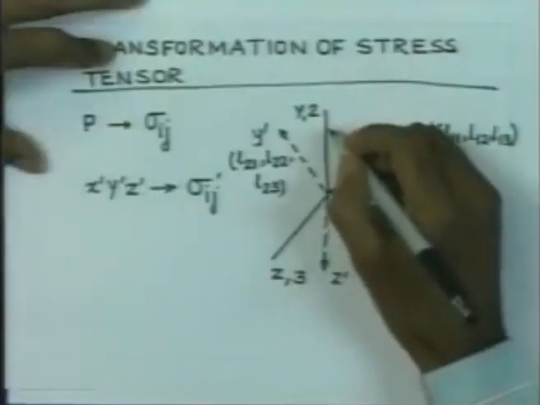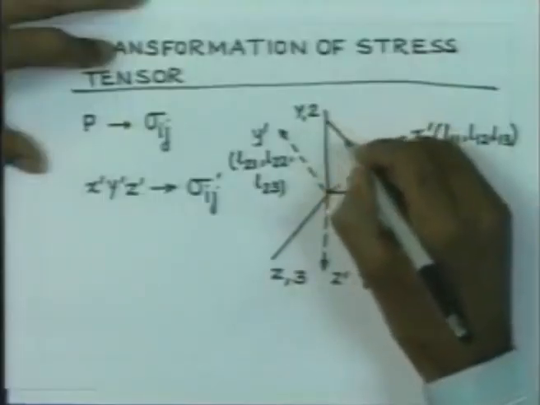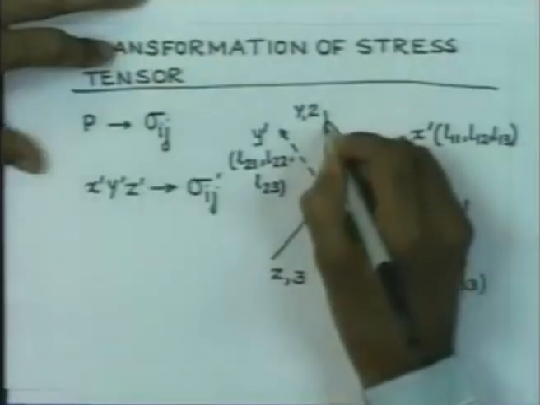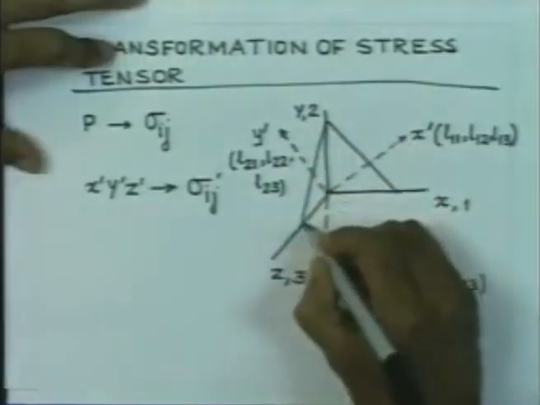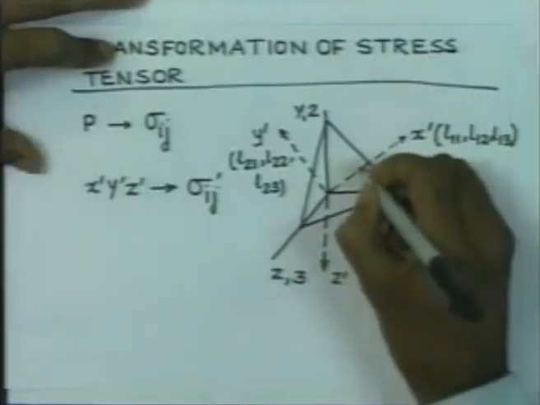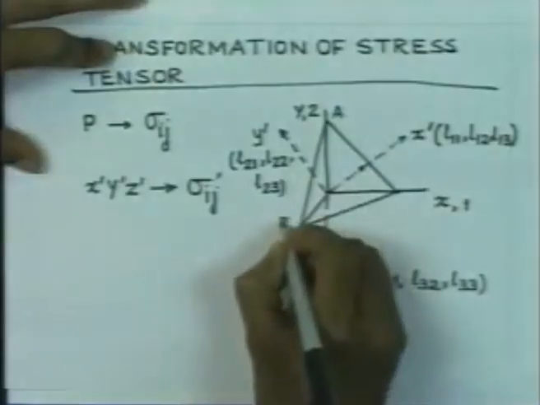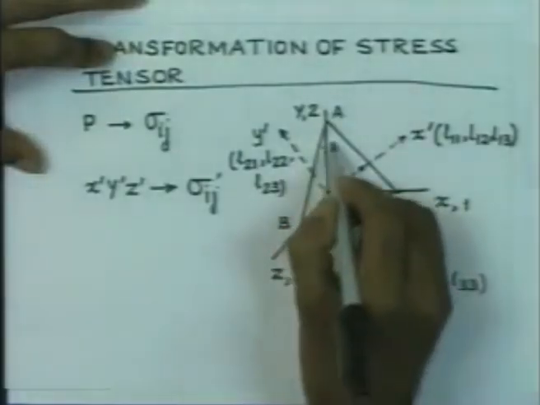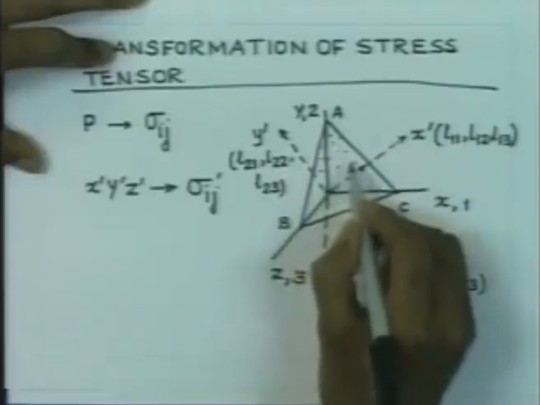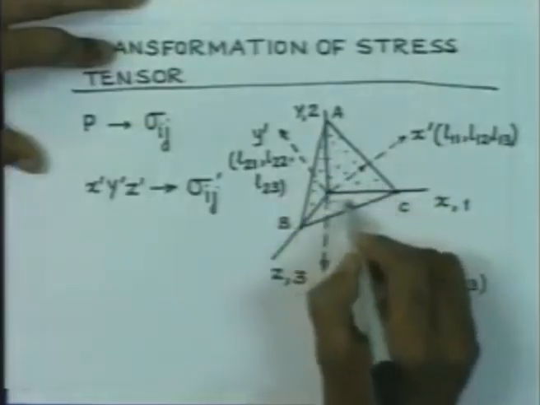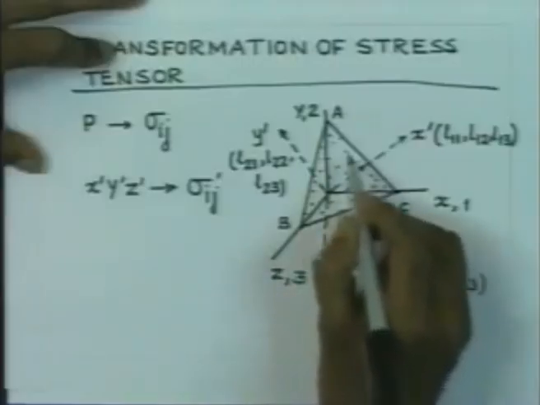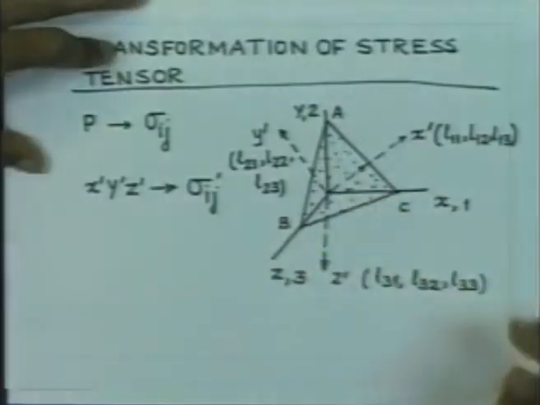Now, if we consider a plane perpendicular to x dash, let us consider the plane which is perpendicular to x dash. So, this is the plane A, B, C, which is perpendicular to x dash.